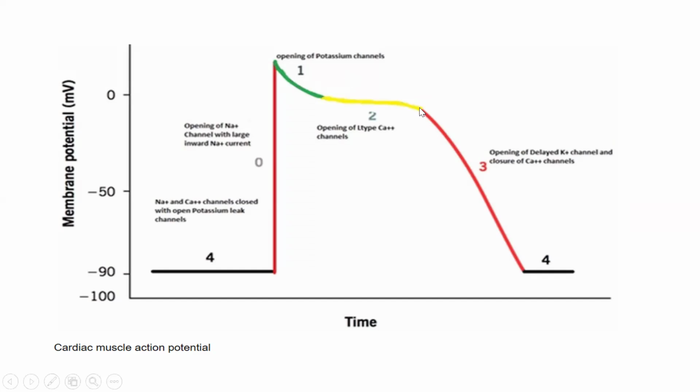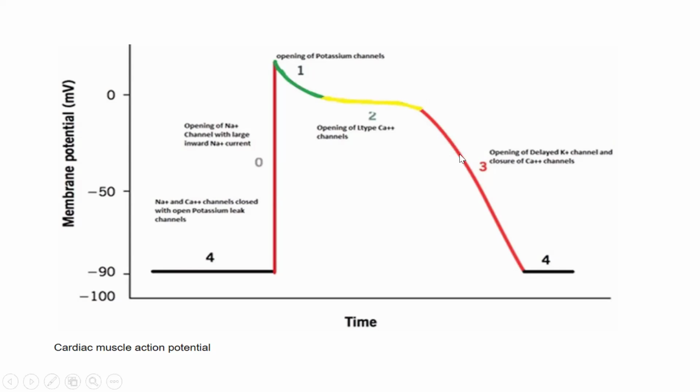ERP, effective refractory period, the relative refractory period, and the functional refractory period. We'll still get to that. Since we already understand the physiology of the action potential, it's important to note the effective refractory period, which is the period at which the myocyte will not respond to any stimulus.